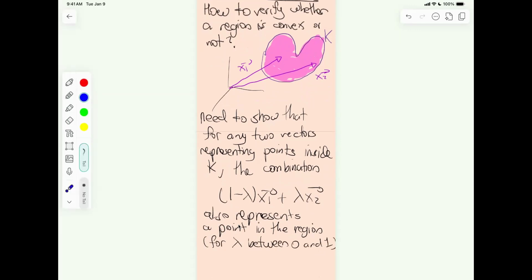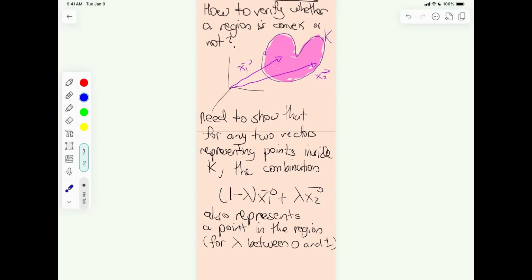So again, the idea is that this combination corresponds to a point in this line segment. So if you're saying that something is convex, this always has to be inside the region. That's why you need to check that this combination is always inside the region. But that has to be done for any 2 points in the region.